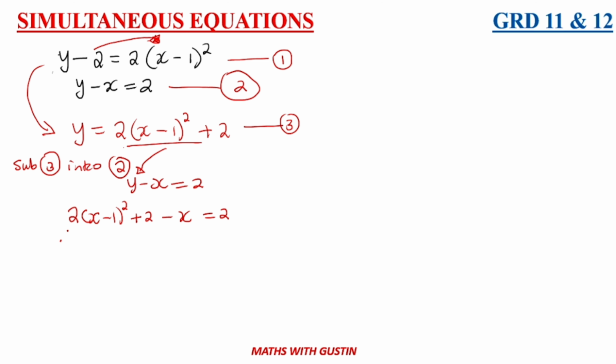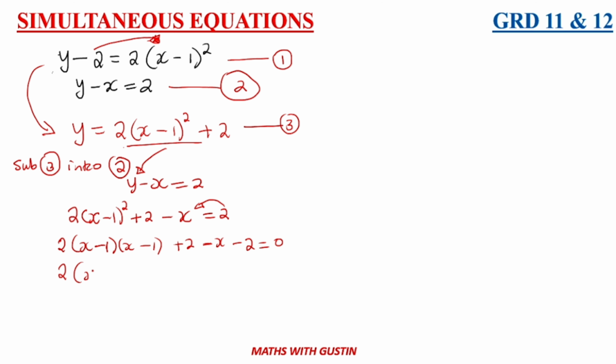Right. So therefore, what do we have to do here? When it's squared, we have to remove the bracket. We all know this, guys. This is binomial expansion. So (x minus 1) squared plus 2 minus x. I might as well bring this 2 to this side. So it's going to be equal to 2 minus 2 is equal to 0.